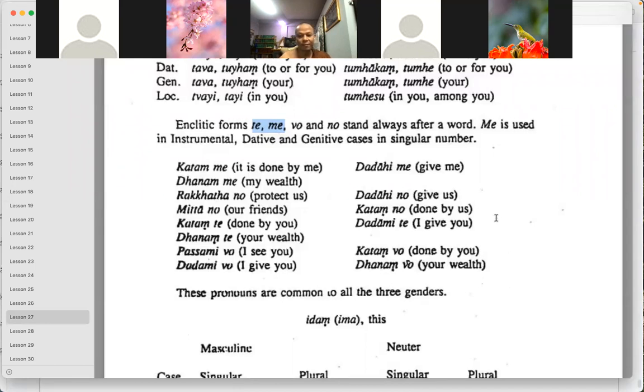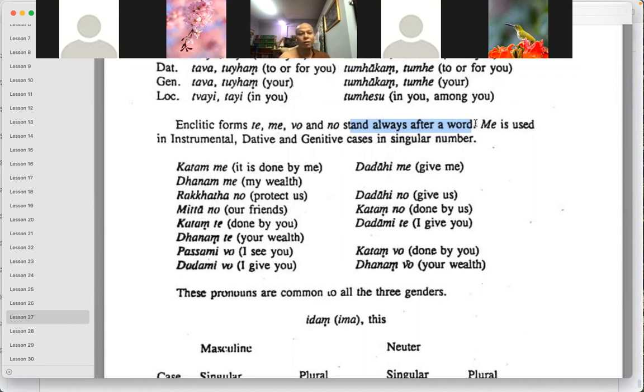And punyang there is in accusative. It's not with instrumental, dative or genitive cases, Bante. So in that situation, how can we understand this, Bante? So instead of saying it stands always after a word, that is referring to the sentence, not the related word.